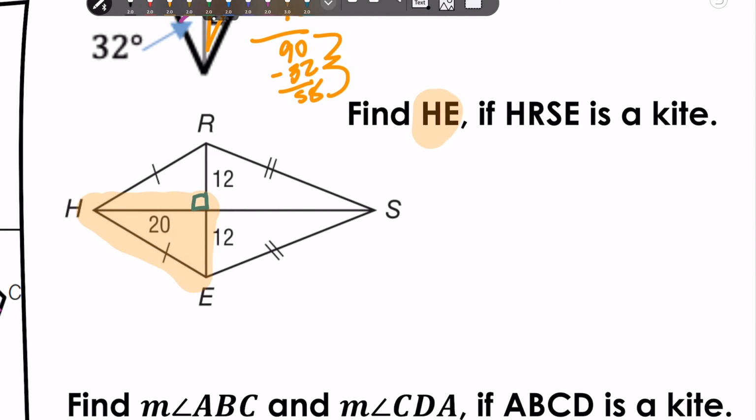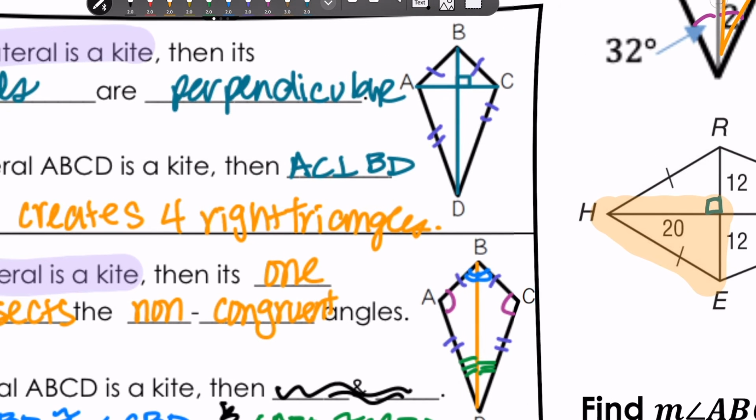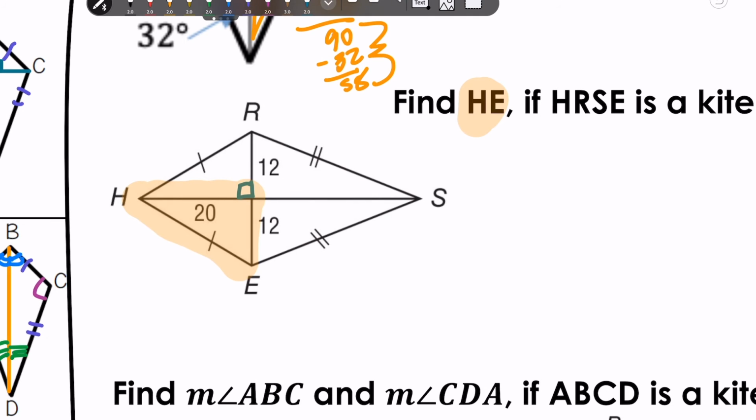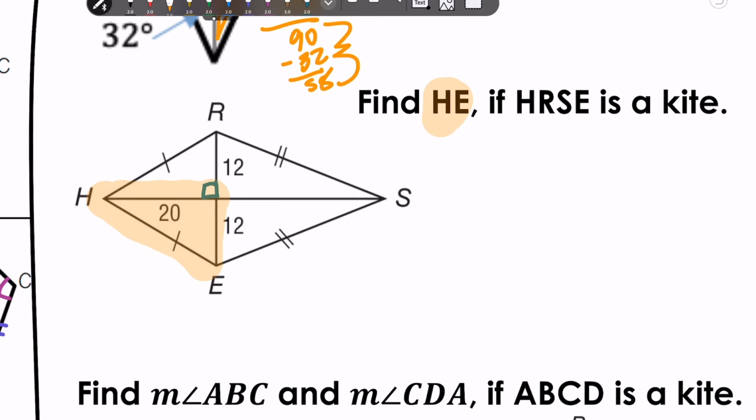So we're looking at this triangle here, because remember I gave you this hint that it creates 4 right triangles? Well, that triangle right there, it's a right triangle. In fact, it looks like this. Let me move this over really quickly so you can see.